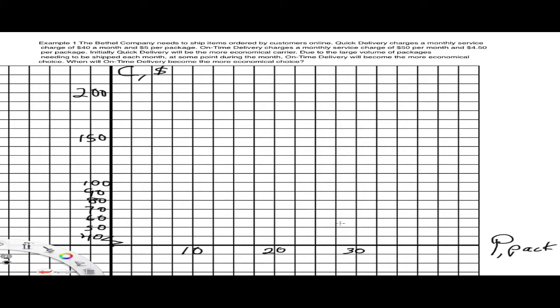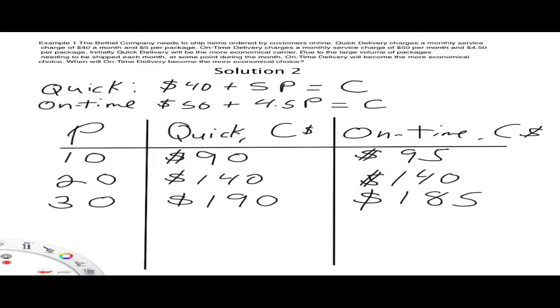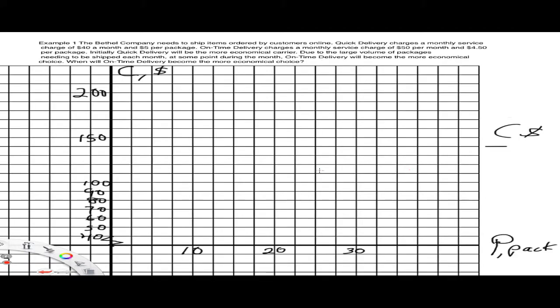So now I've got enough information and I can go find these things as I go back and look at it. So now I want to plot my points, and I want to be able to plot the 2 data points. So let's take a look at the table again. So for quick, I had 10 and 90 as my first data point. I'm going to mark that one on here.